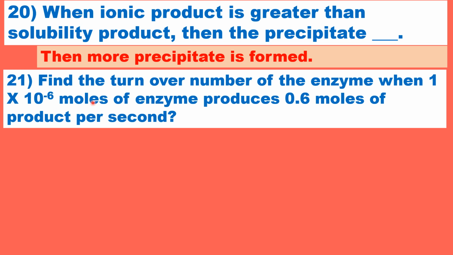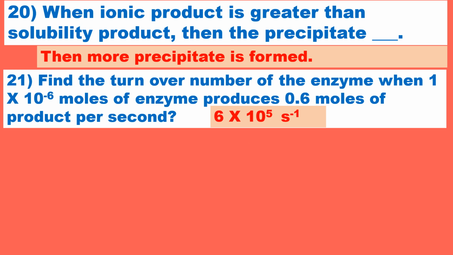Catalysts are used in very small quantities. So this is very small, and 0.6 moles of product is formed per second. What is turnover number? The answer is 6 into 10 power 5 per second.